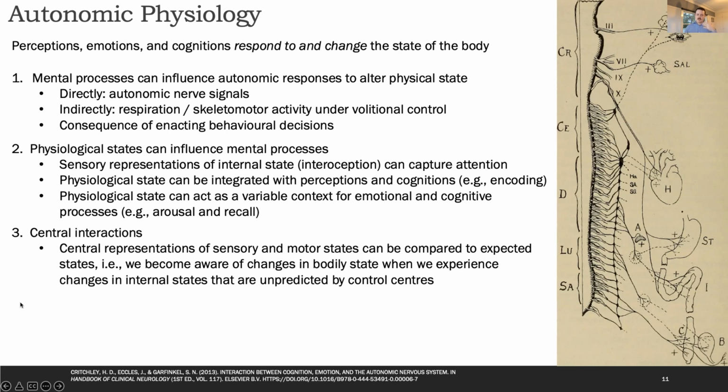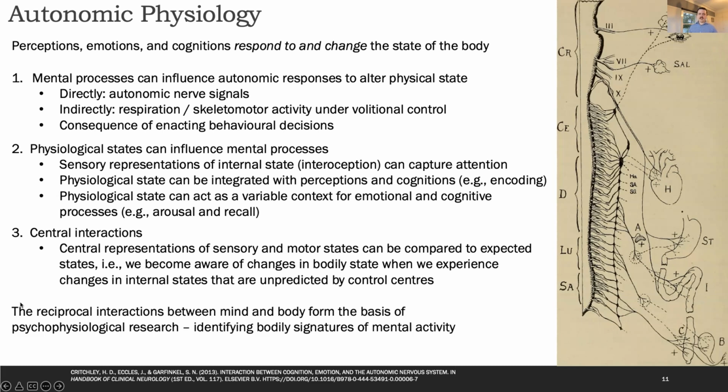So within our brains, we have representations of the external world, but also our current state. And we become very aware when changes in our bodily state are unpredicted and can really shift our perceptions.